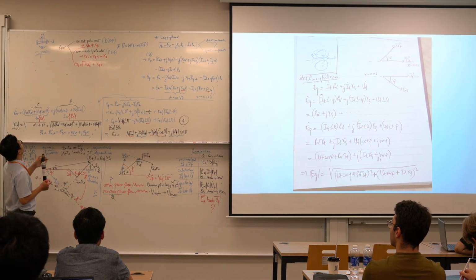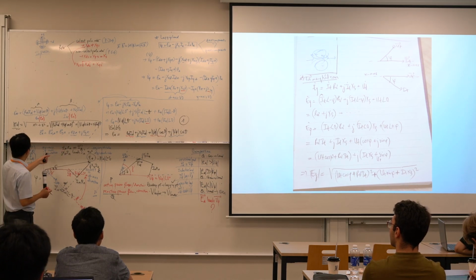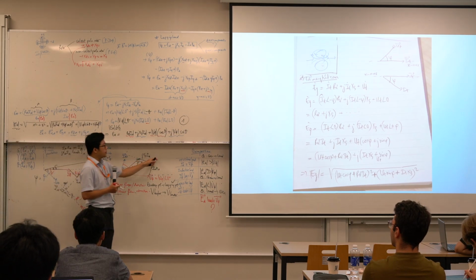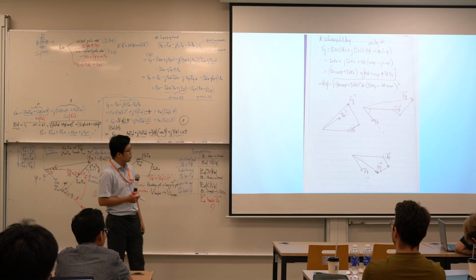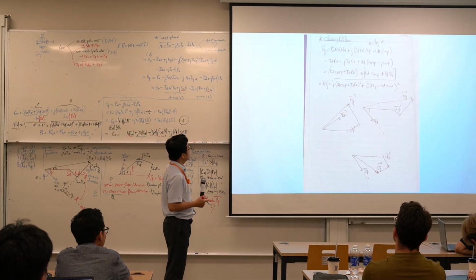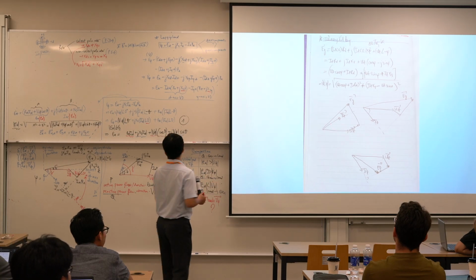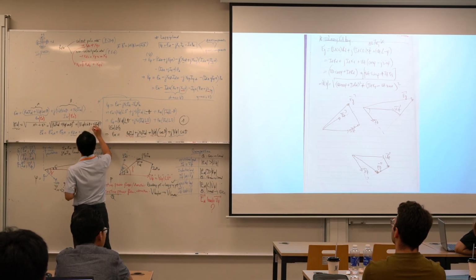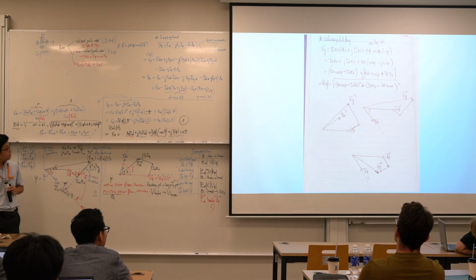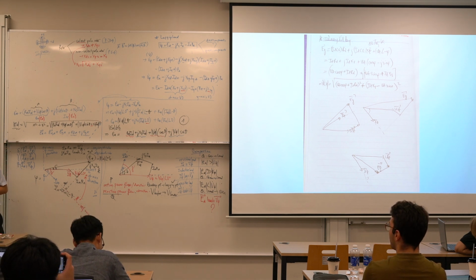Remember that we use this formula for lagging load. So how about leading load? So for leading load, do I have the demonstration here? Explanation here? Oh, yes. Okay, this is leading load, and you just modify here: plus becomes minus.